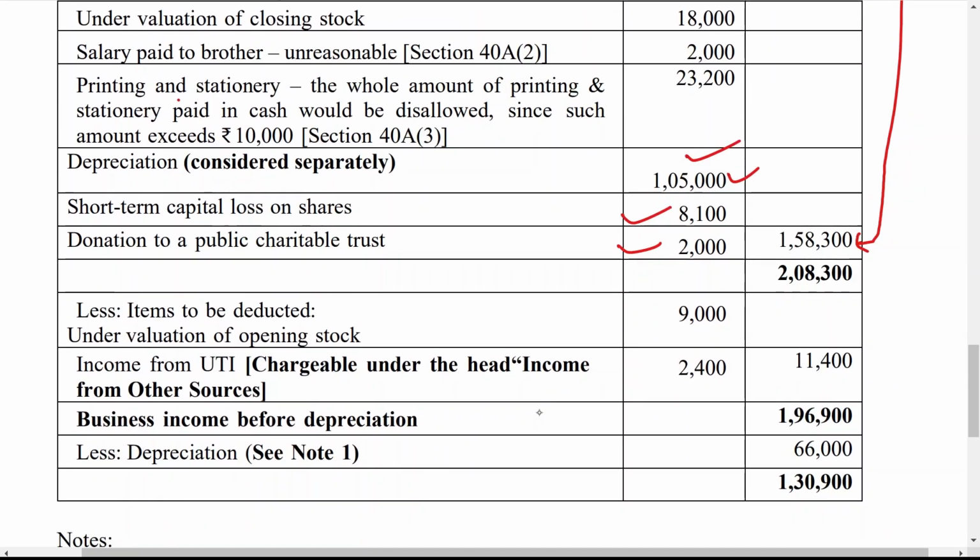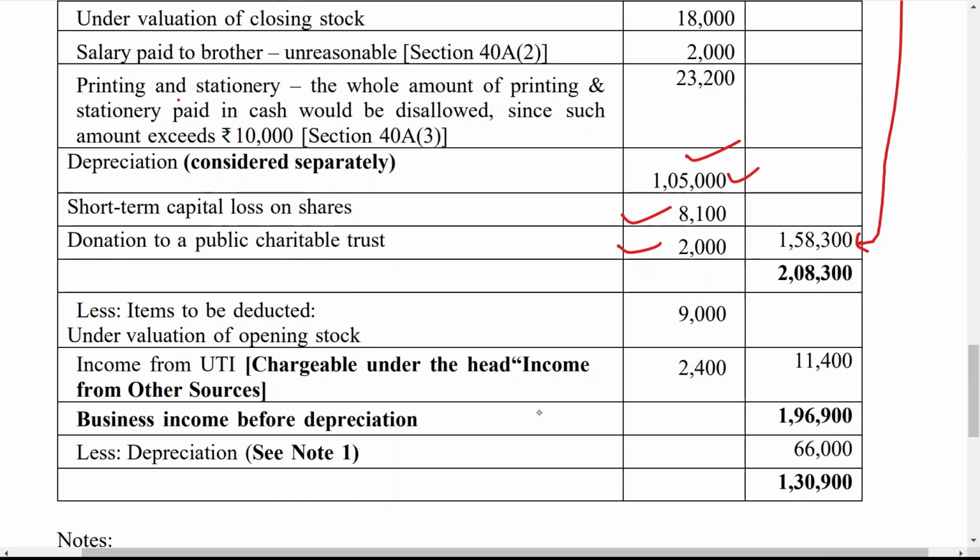Now items to be deducted. So what amount do you have to deduct? Undervaluation of opening stock and income from UTI, because these two items will decrease your profit. So 9,000, because it is undervaluation of opening stock, and undervaluation means that if you write it on the debit side of the trading account, then by that amount your profit is going to decrease. So that is why it is written here.